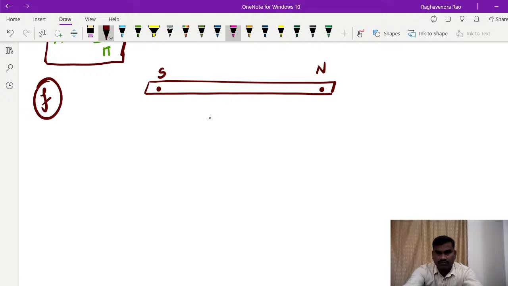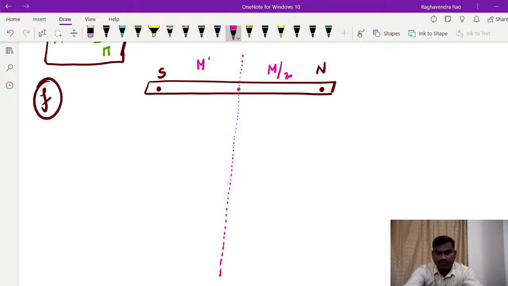Now in this case we are taking a bar magnet and bending half of the part of the bar magnet. That means when I am taking half of the bar magnet, this magnetic moment will be m by 2.